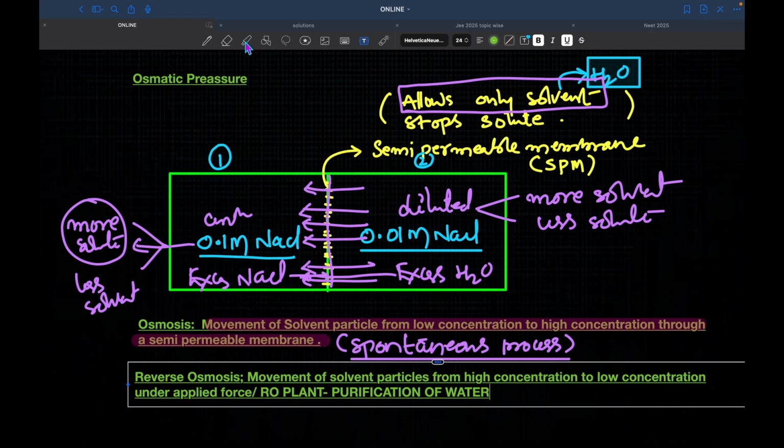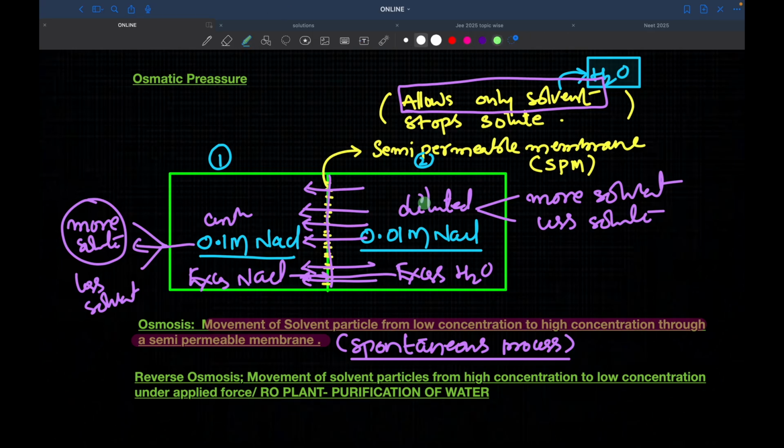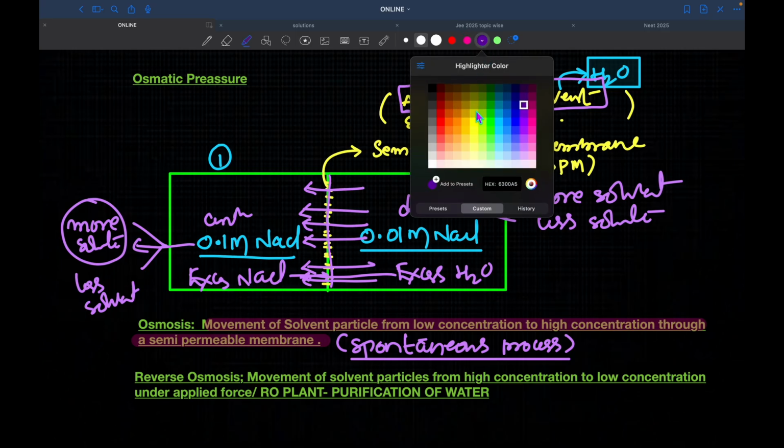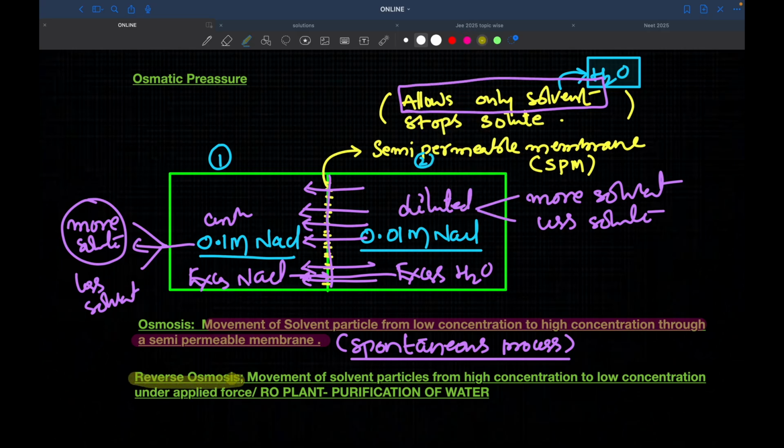So you should know the differences between the two, then only it would be easier for you to answer the question whenever it is asked. So this is reverse osmosis, but reverse osmosis is not a spontaneous process. It should take place under applied force. Force must be applied before we use this process, whereas the other process is called the spontaneous process, through a semi-permeable membrane. Okay, so this is osmosis.